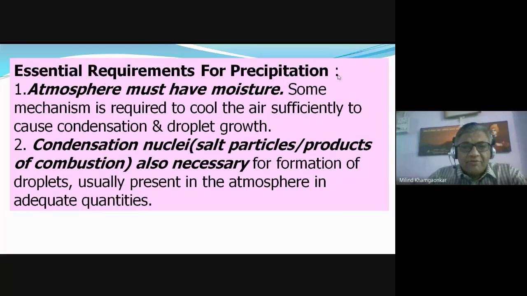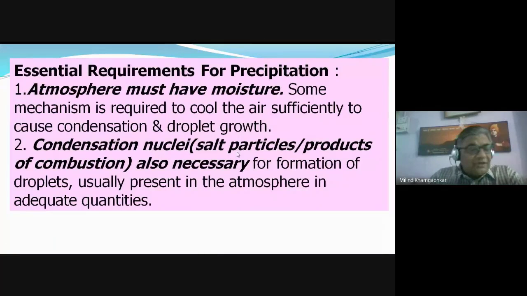The essential requirements of precipitation or rainfall: the atmosphere must have moisture. Moisture means water vapor concentration. So the more water vapor concentration, the more are the chances of occurrence of precipitation.